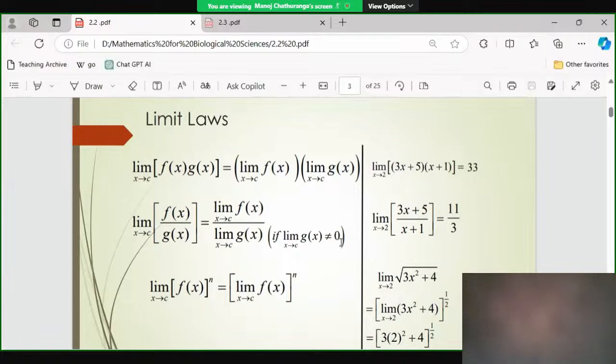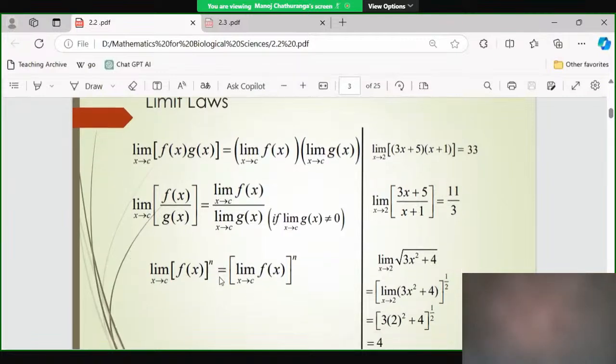If it is 0, this rule does not hold. It is not going to work. But if taking the limit gives you something non-zero in the denominator, the limit of the quotient is the quotient of the limits. You can take the limits of these factors separately.